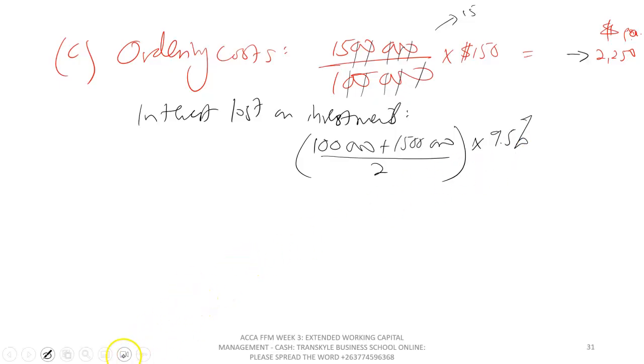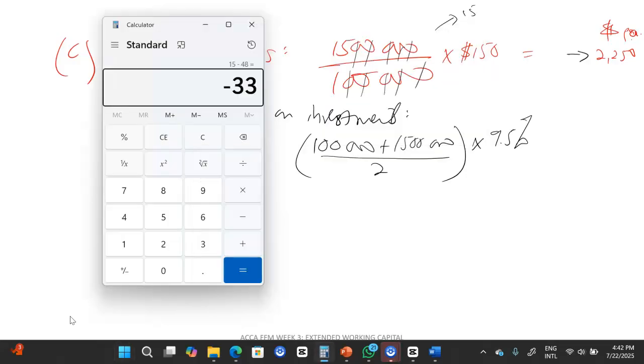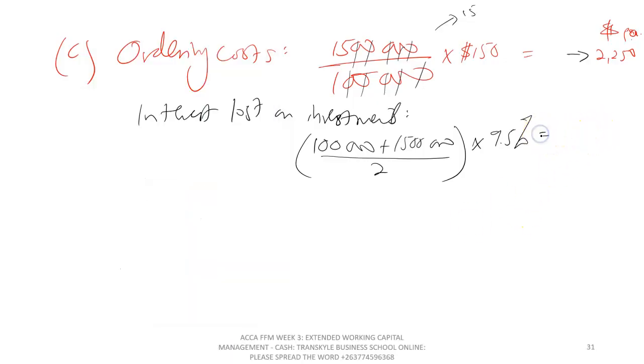Let me use the calculator here. So 100,000 plus 1.5 million comes to 1.6 million, divided by 2 gives 800,000, multiplied by 0.095. So it comes to 76,000.